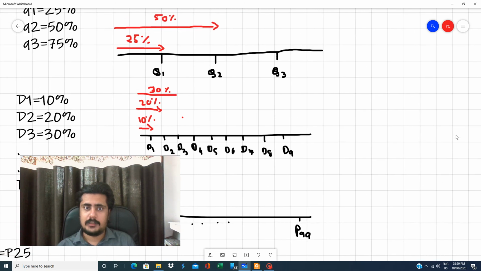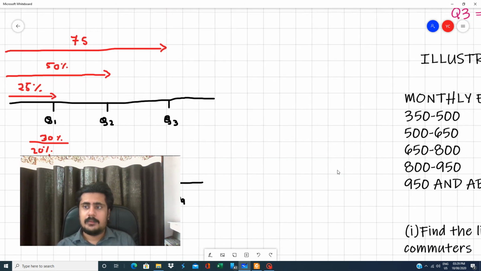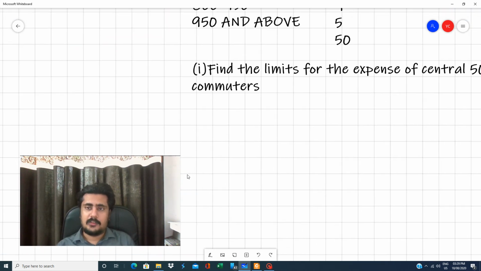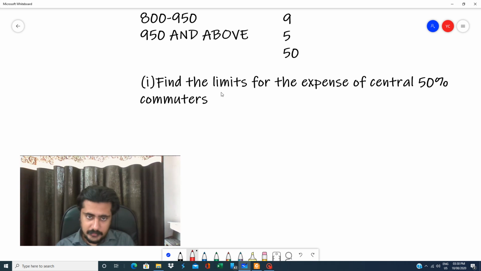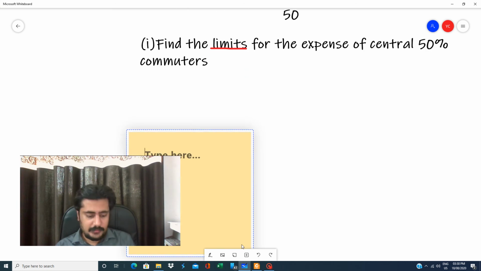Now let us come to the question. Okay, let us again come to the question. We are doing illustration 28. Don't forget, you need to find the limits for the expense. What do limits mean?